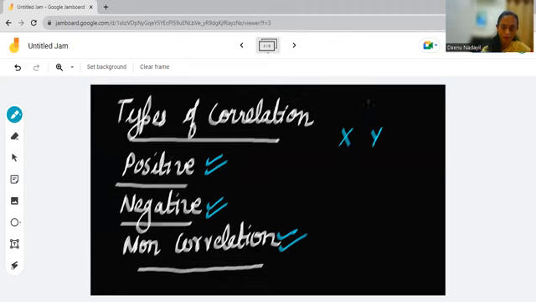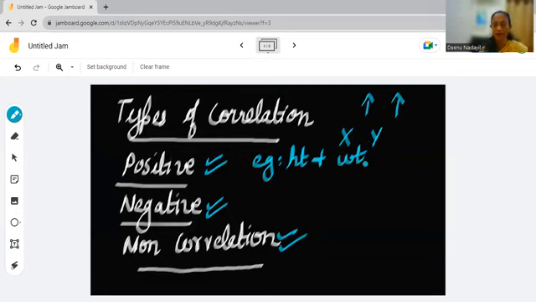For example, the height and weight of a group of students. If height increases, weight also increases, or if height decreases, weight also decreases, then it is positive correlation. If they vary in the same direction, it is positive.